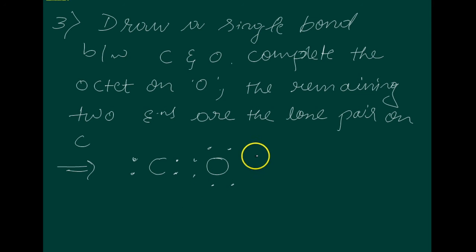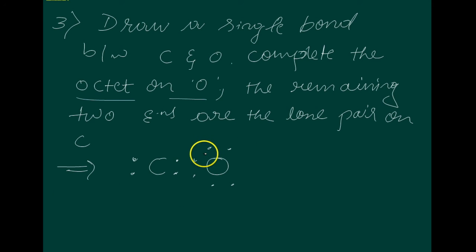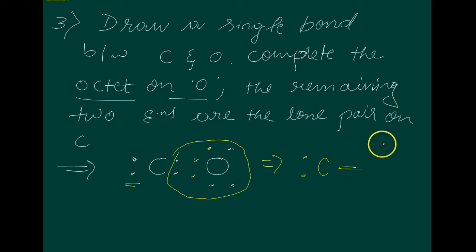Here, first we have to make an octet on oxygen: 1, 2, 3, 4, 5, 6, and 7, 8. Then the remaining is only the lone pair of electrons on C. This is C, and this is the one bond we made.